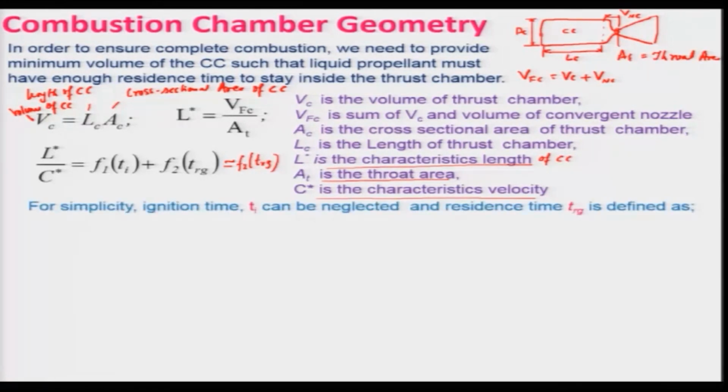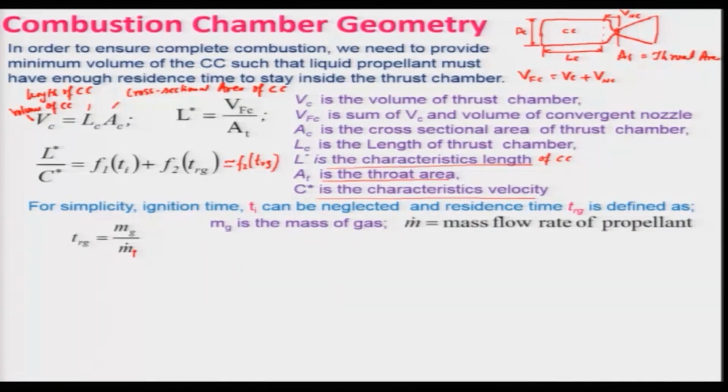If I consider that, we can neglect the effect of Ti, the ignition delay time, and consider only the residence time TRG. Then we can define TRG as mg divided by m dot, where m dot is the mass flow rate of propellant and mg is the mass of the gas.